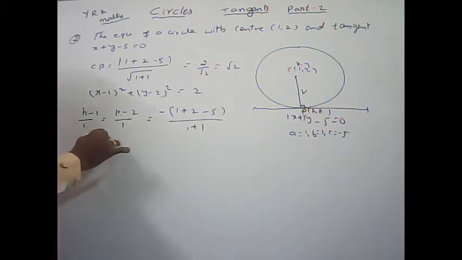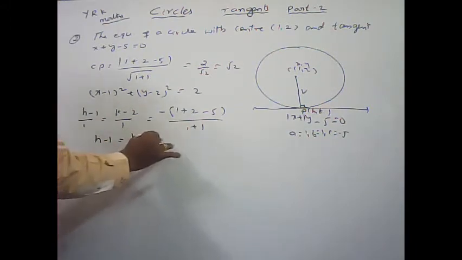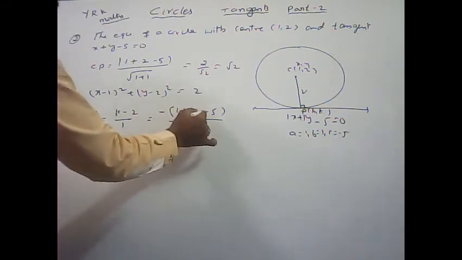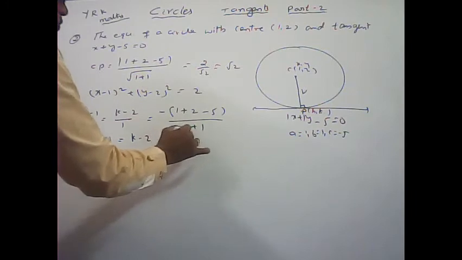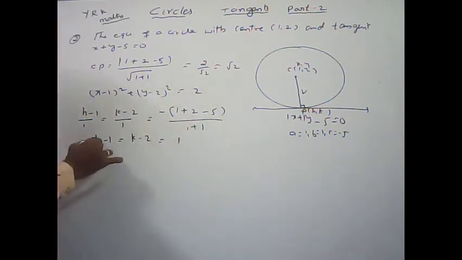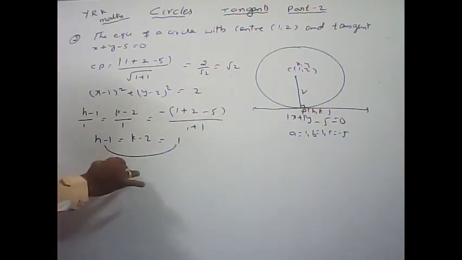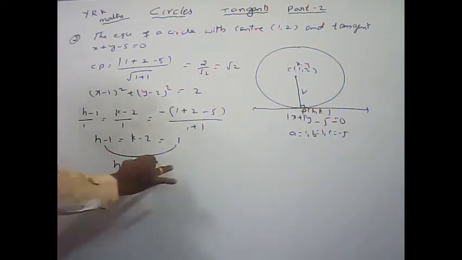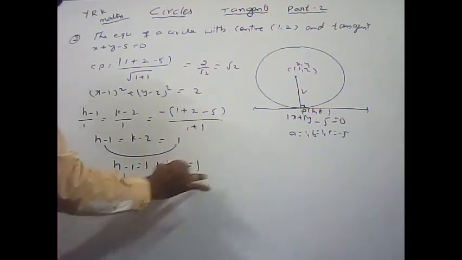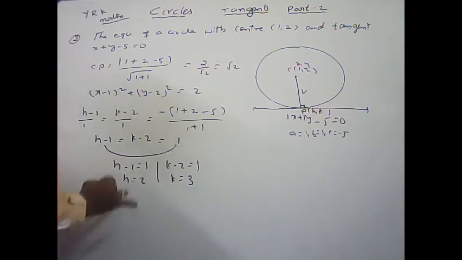So h minus 1 equals k minus 2, which equals minus of (1 plus 2 minus 5), that is minus of minus 2, by 2, that is 1. By equating these, h minus 1 equals 1, so h is 2, and k minus 2 equals 1, so k is 3.